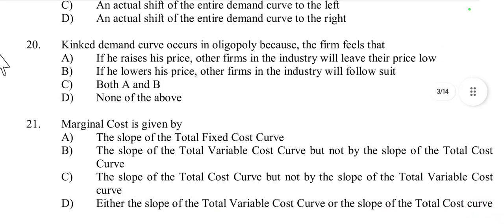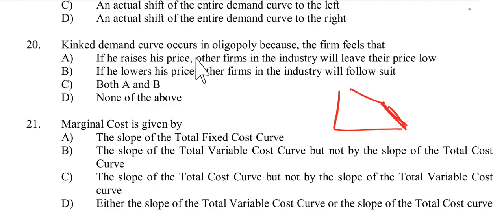Then question number 20, kinked demand curve occurs in oligopoly because the firm feels that, in this type of situation, if he raises his price, other firms in the industry will leave their price unchanged.